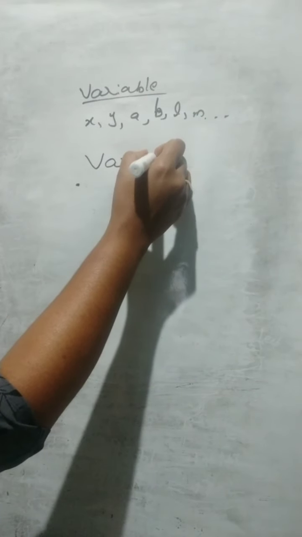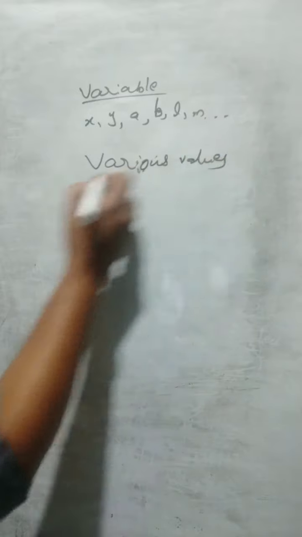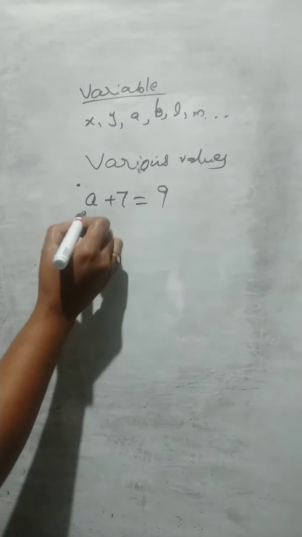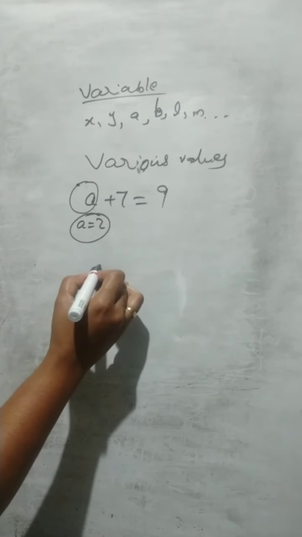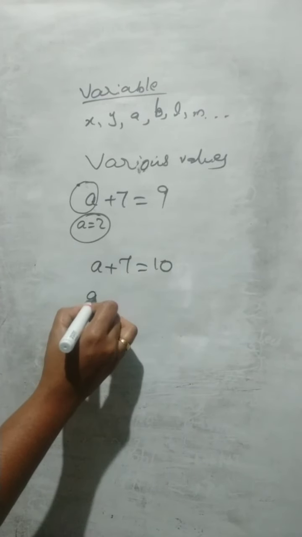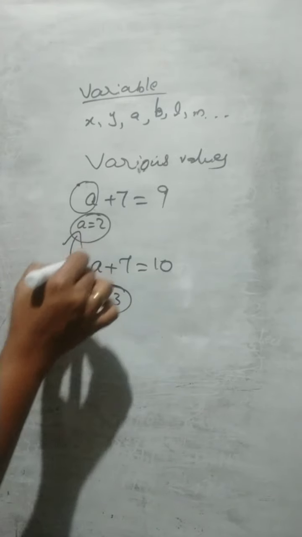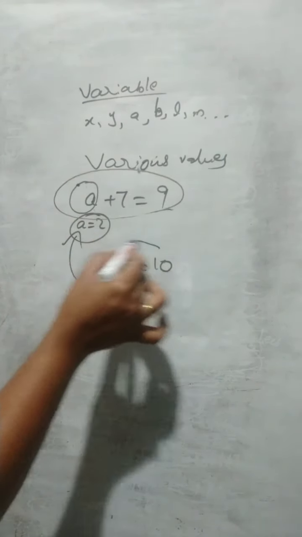A variable can take various values. In the case of a plus 7 is equal to 9, here the value of a is equal to 2. And in the case of a plus 7 is equal to 10, here the value of a is equal to 3. That is, a can receive different values according to the statement.